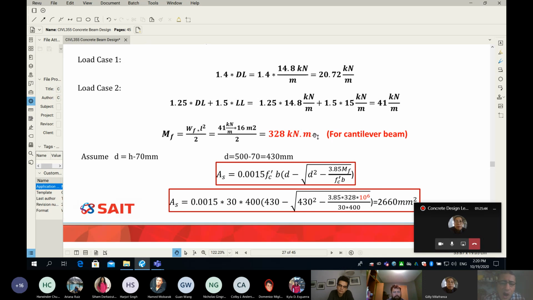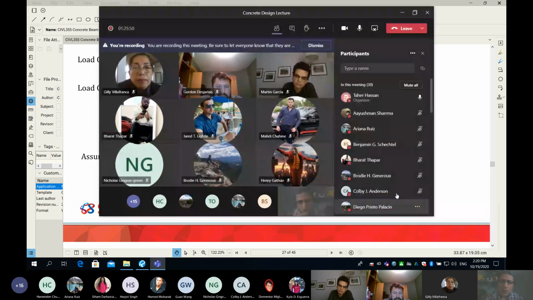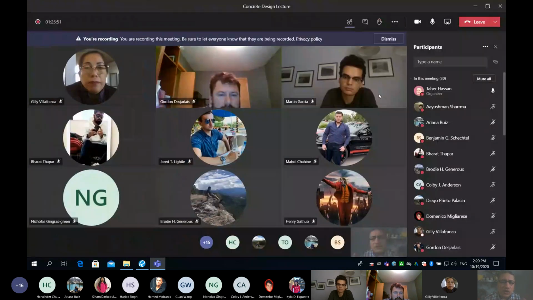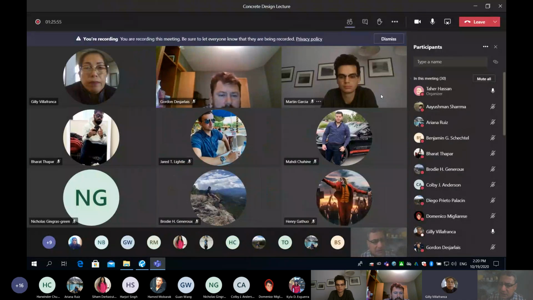Some of you may think, why did I never use WL squared over 8? Why haven't I used WL squared over 8? Guys, here is what bothers me. The equation simply depends on the structural system.